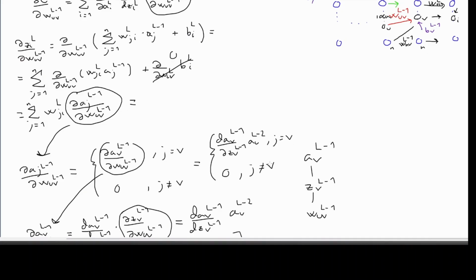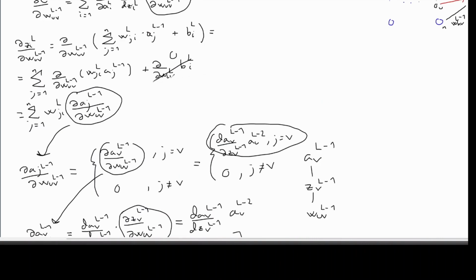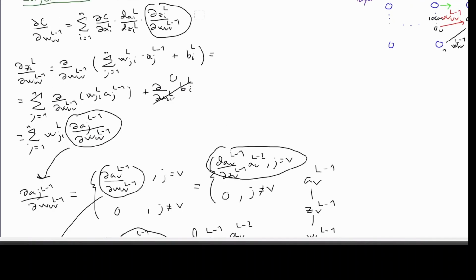And so when j is not equal to v, we just get 0 here. The only term we're left with here is this.